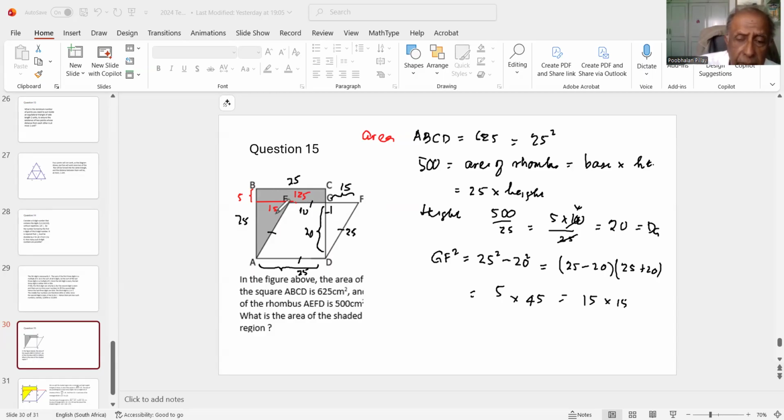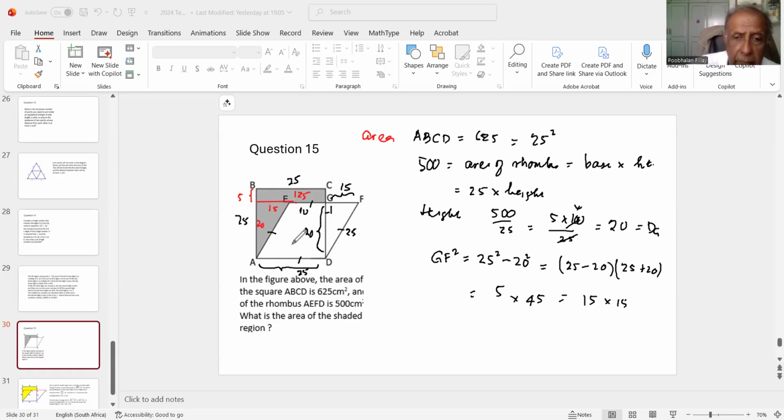The whole thing is 25, the opposite sides of a rectangle. So this is 15. So the area of this triangle is half base times height. Oh, wait a minute. The height of this is not 25. The height of this triangle is 20. That's 5 and this is 20.